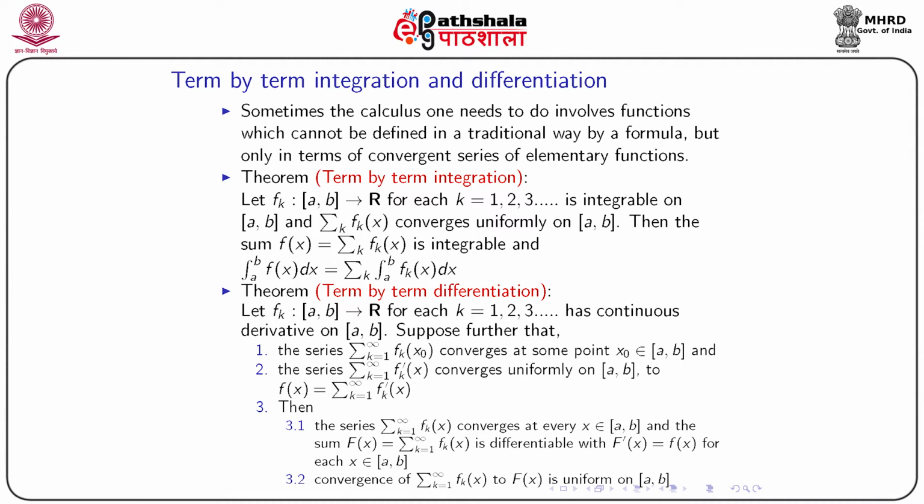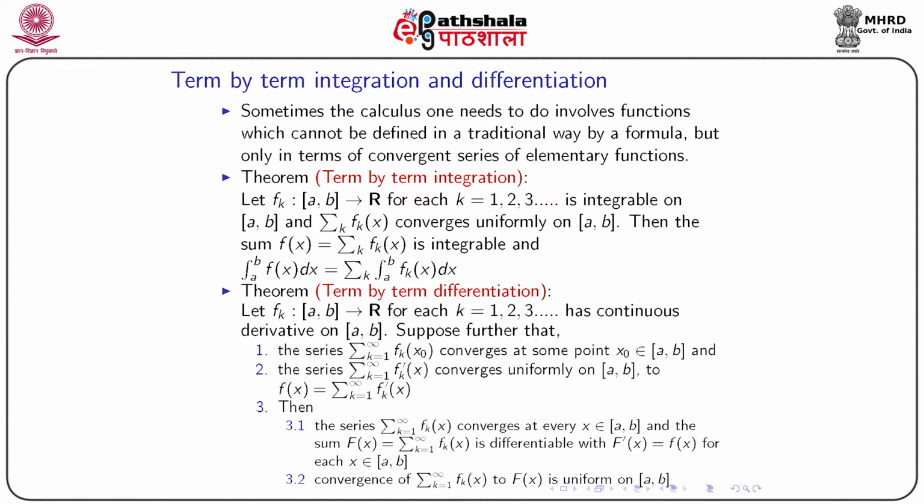Then the series sum over k from 1 to infinity f_k(x) converges at every x belonging to that closed interval [a, b], and the sum capital F(x), which is the sum over k from 1 to infinity f_k(x), is differentiable, and the property is that F'(x) is equal to small f(x) for each x belonging to that closed interval [a, b].